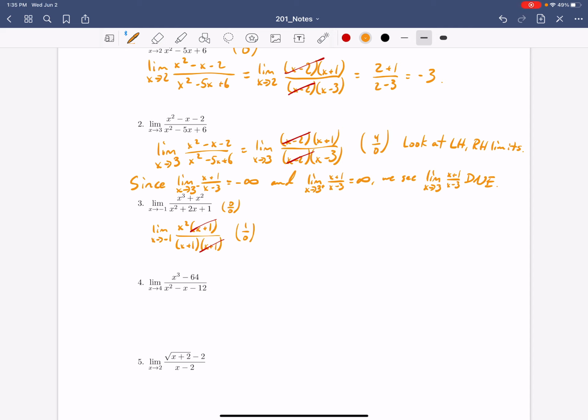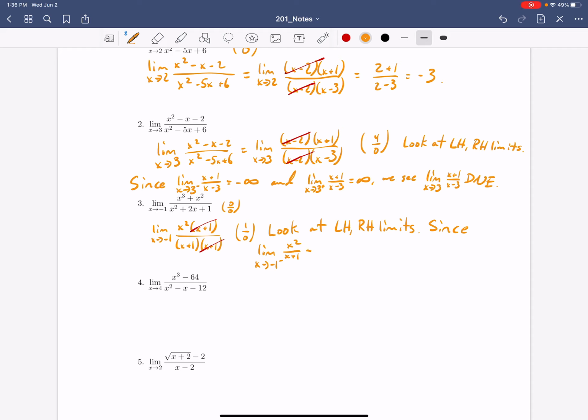So look at left hand and right hand limits. All right, well, just as we did before, right? Let's look at the left and right hand limits, right? Limit as x approaches negative 1 from the left, right? Since this limit, okay, now be a little careful, right? Negative 1 from the left, so x plus 1 is a little bit less than 0. The top is always positive, right?